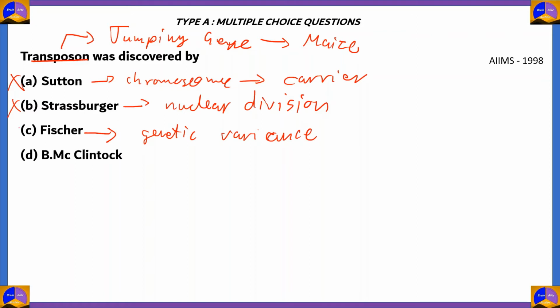So those were the work of Fisher. So option C is incorrect. The right answer is option D, B. McClintock. McClintock was the person who first found the jumping genes in maize. So option D is the right option.